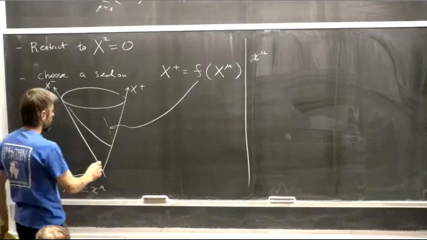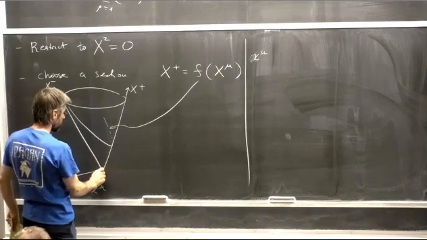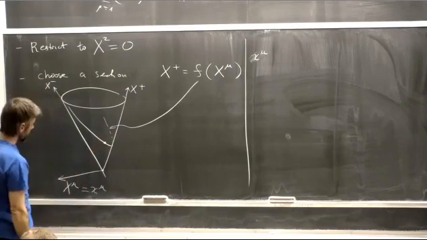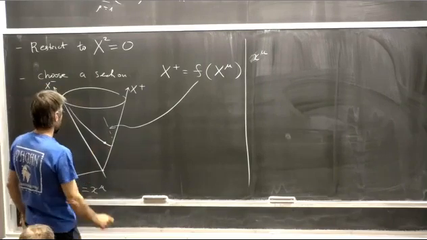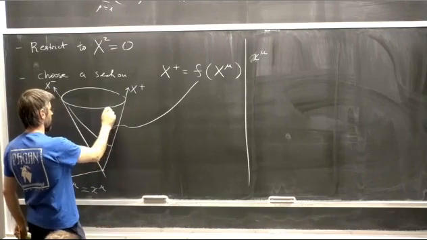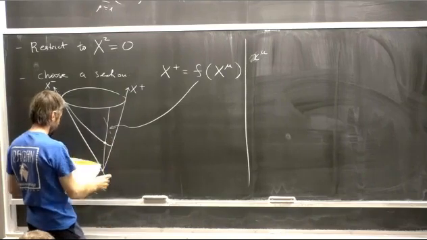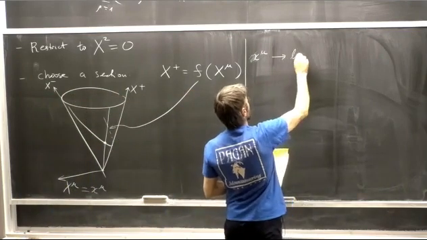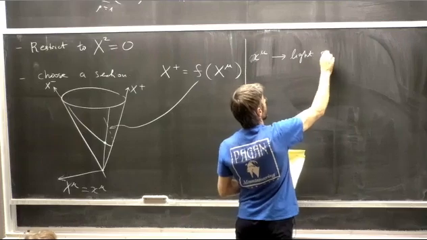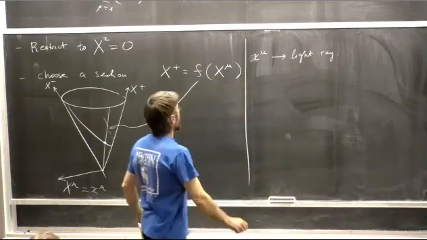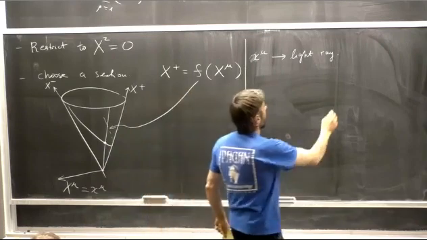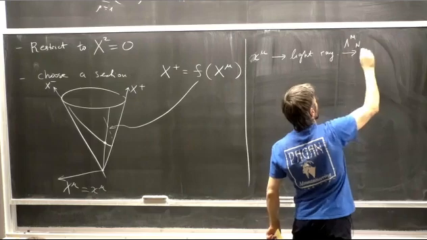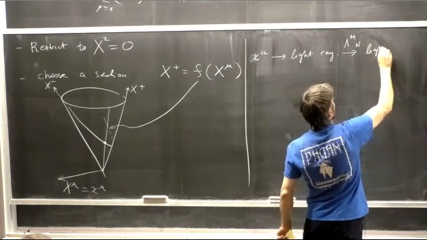I take a point x mu, and it defines for me a point on the section, and a point on the section defines for me a light ray. So from x mu I go to a light ray. Once I have a light ray, I act on it with my lambda mn transformation, and I get another light ray.